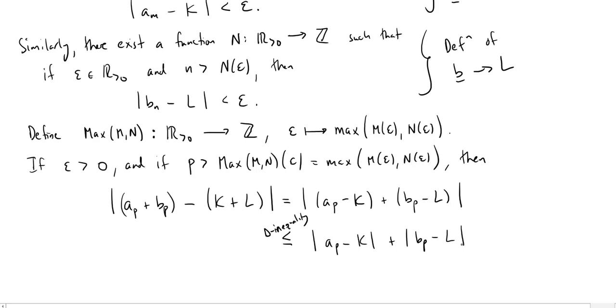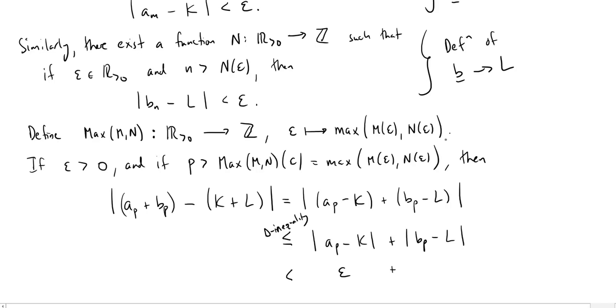Now, because I have gone past m of epsilon, the eventually number corresponding to epsilon for the sequence A, once I go past m of epsilon, I know that all the terms in my A sequence are within epsilon of K. In particular, AP has to be within epsilon of K. So I know now that this first piece is less than epsilon.